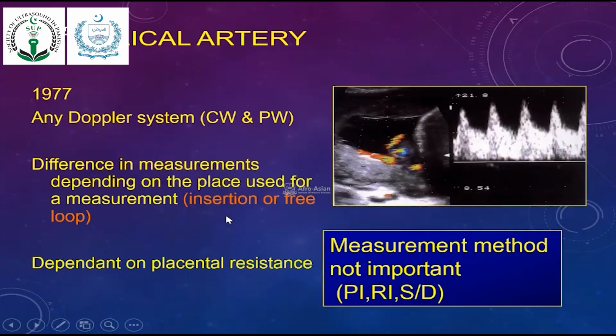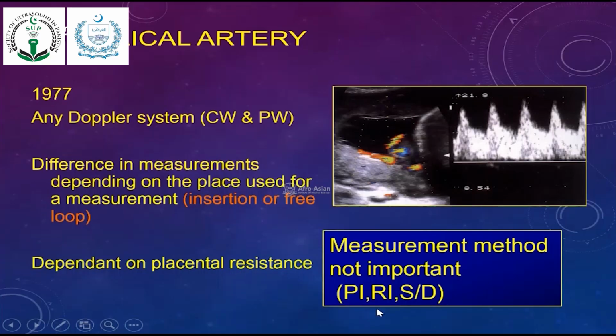And we will have umbilical artery Doppler from the free loop, that will be better as it varies at its insertions. It is dependent on placental resistance, so the measurement method is not important.